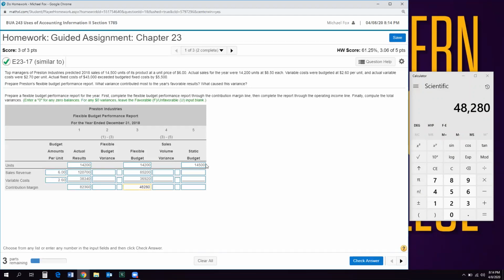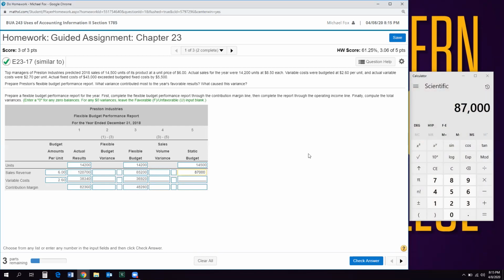For our static budget, we're going to use the amount budgeted, which is 14,500 units, and then the budgeted per unit amounts. For revenue, it's 14,500 times $6, for $87,000 in budgeted revenue.